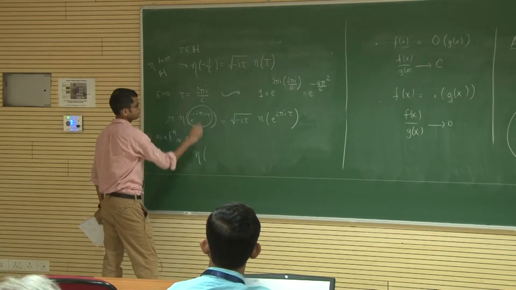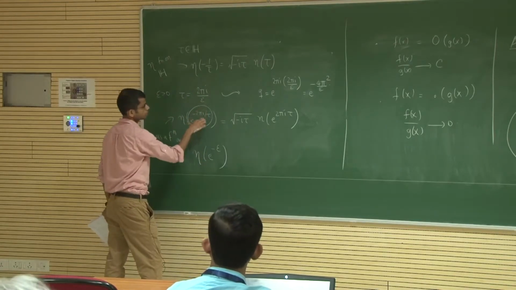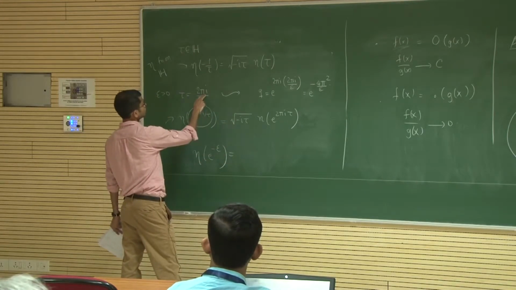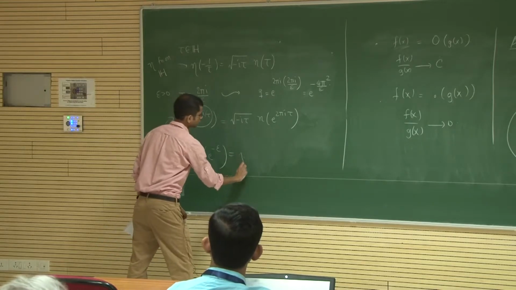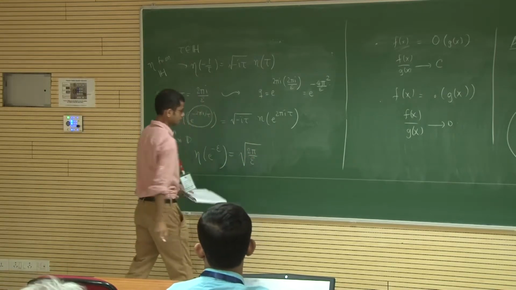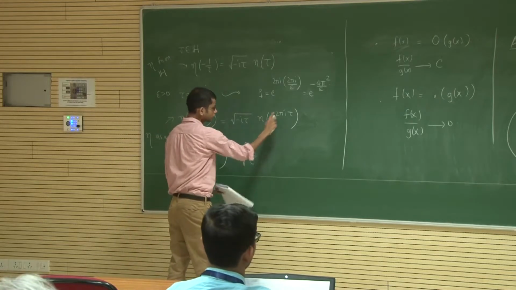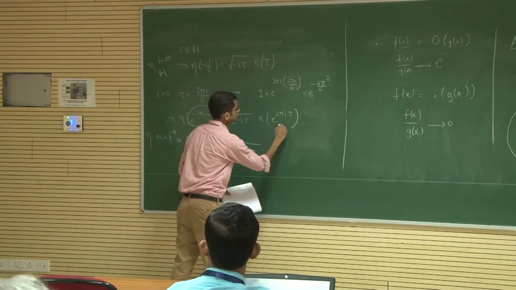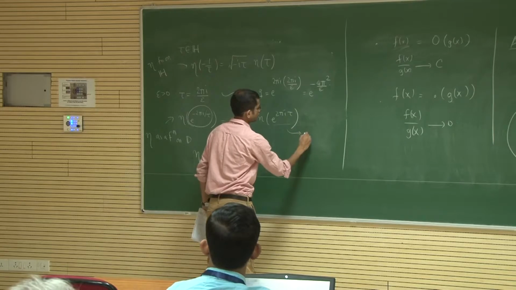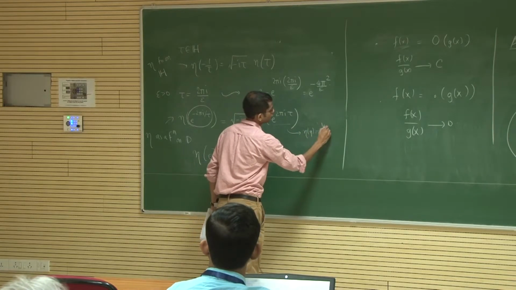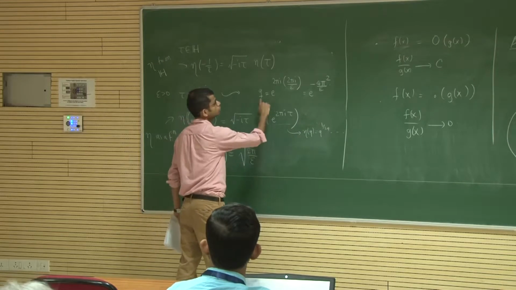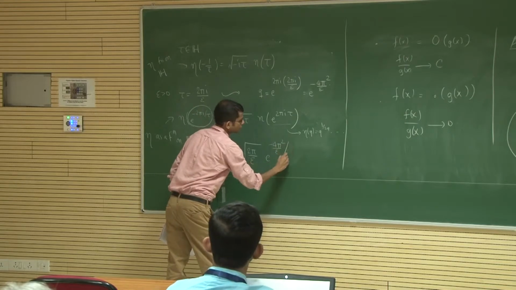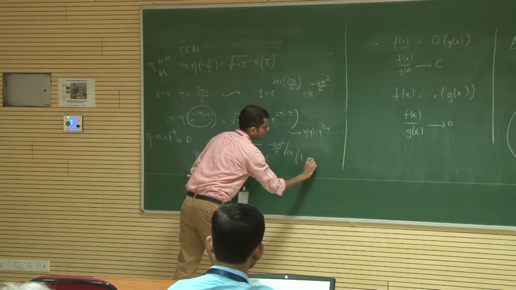So eta of e to the minus epsilon is, minus i times tau, which is 2 pi i over epsilon. And eta of e to the 2 pi i tau, how does that look? Remember eta of q is q to the 1 over 24 times all that. So let's plug it in. Q is e to the minus 4 pi squared over epsilon over 24, and then there is an infinite product.